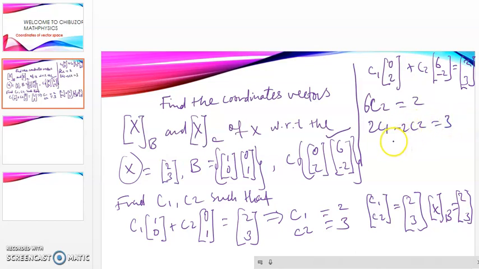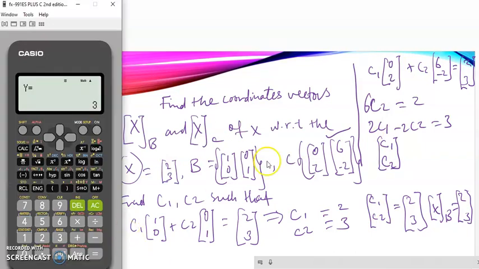We can use our calculator to find out the values of c1 and c2 in this case. Simply open your calculator again, or you can as well compute manually. Go to equation mode number 5, take the first one, and you observe that here c1 has coefficient 0, so simply put 0.